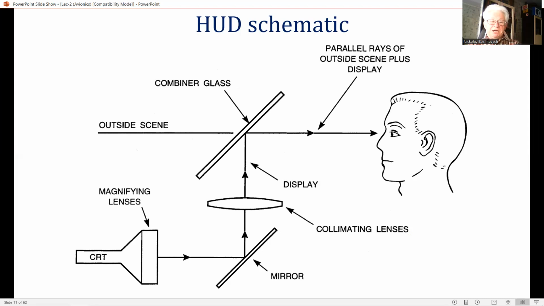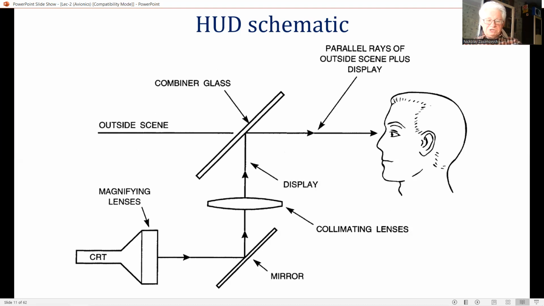The relayed display images are then reflected through an angle of near 90 degrees by the fold mirror and then to the collimating lens, which collimates the display images, which are then reflected from the combiner glass into the pilot's forward field of view.